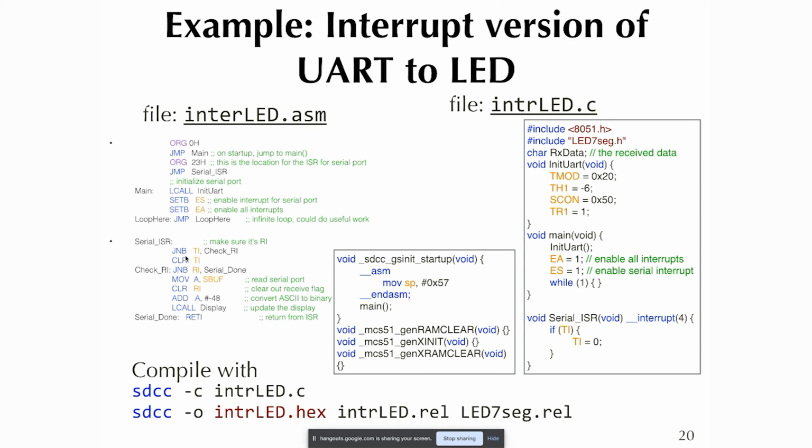It does have to check whether it's TX or RX because they share the same routine. So that's why in this case, it checks if TI, that's the interrupt flag or the ready flag for transmit. But we're not really using transmit in this particular example. We're just receiving. So still, if it's TI, we want to clear it. Otherwise, it keeps interrupting us, right?